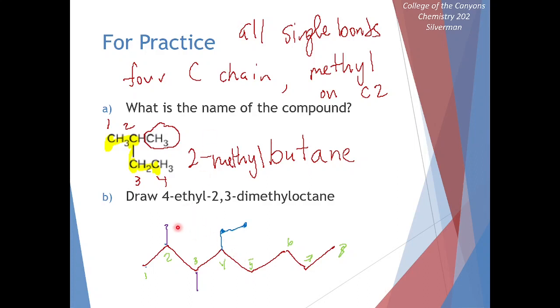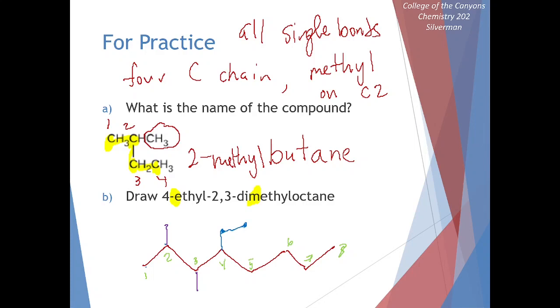A note here, when we are writing out our substituents, our groups, we want to tell the number and the name of that group. If we have multiple of them, we want to list these groups alphabetically. So ethyl starts with an E. Dimethyl, we're looking at the M. We're looking at the name of the group.